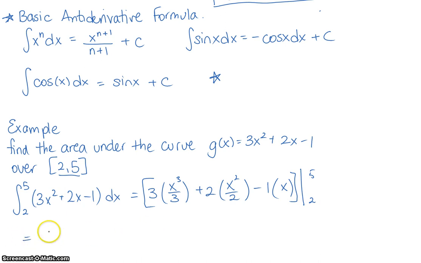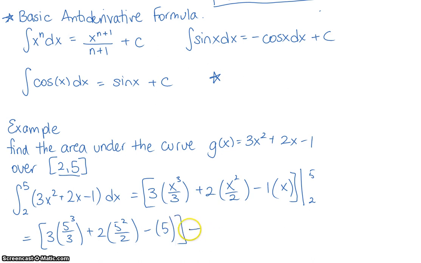Then you would plug in the first one: 5 cubed over 3 plus 2 times 5 squared over 2, minus 5. So that's your f of b. Now for your f of a, we plug in 2. And granted, things do cancel out in this. I'm just filling it in so you can see where I'm plugging everything in.